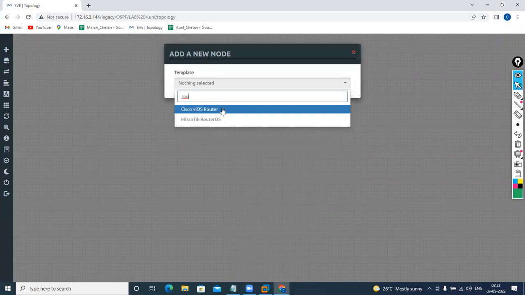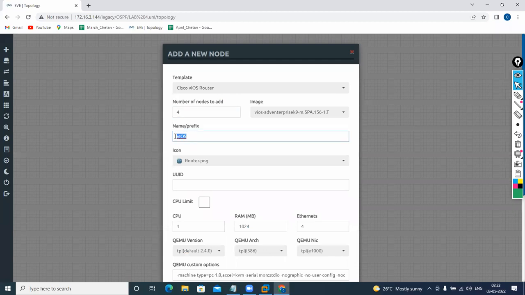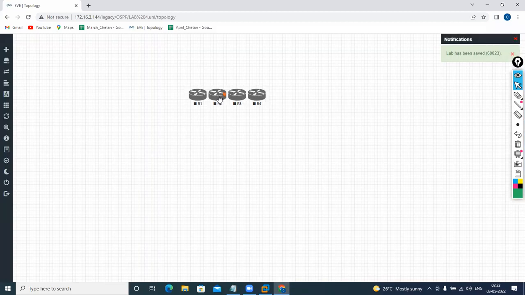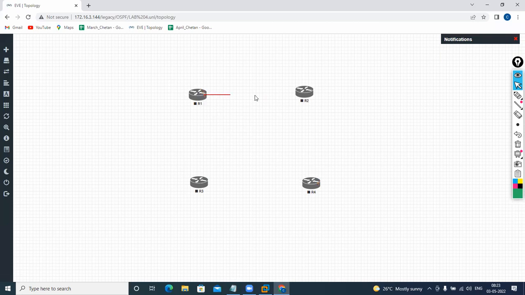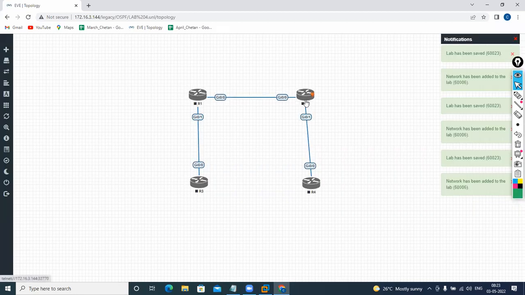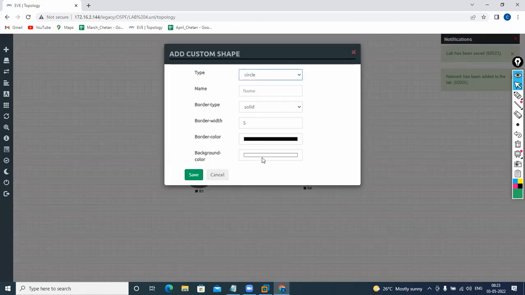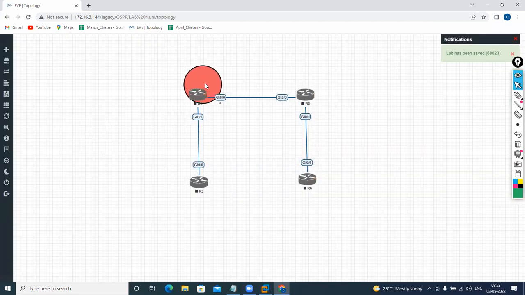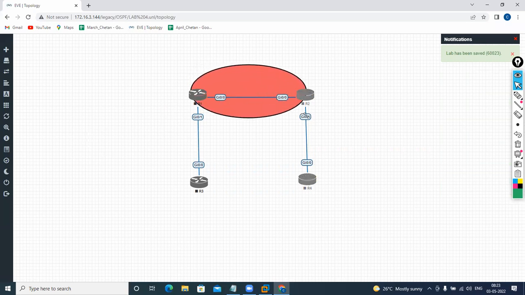So let us consider 4 routers. We have R1, R2, R3, and R4. These two are in area 0.